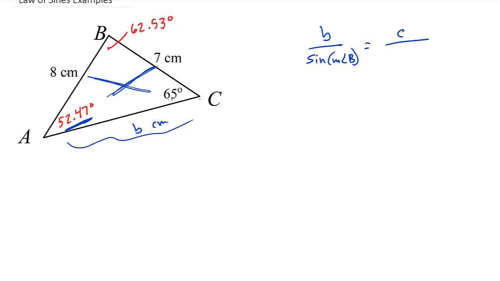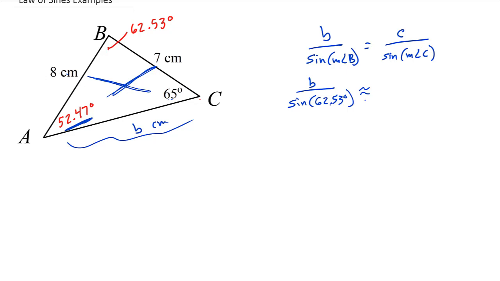So we'll use the side length C divided by the sine of the measure of angle C. And we'll put in the information we know. So B divided by the sine of 62.53 degrees. That was also rounded, so I'm going to put approximately equal to here. Anytime you've got a rounded value in your equation, it's good to put that so you acknowledge that this value is not exact.